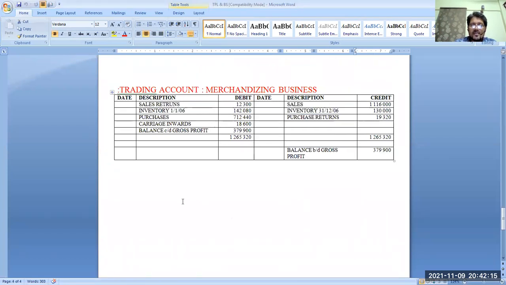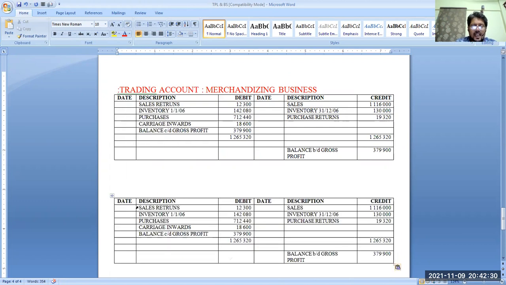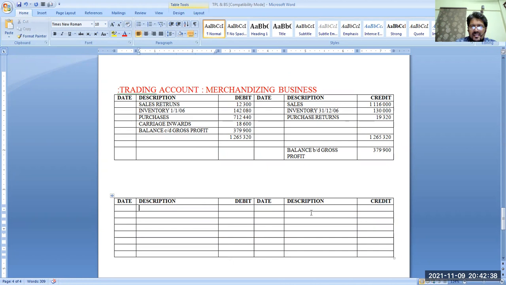Now I am making the profit and loss part. In the profit and loss account, the balance brought down was 3,799.